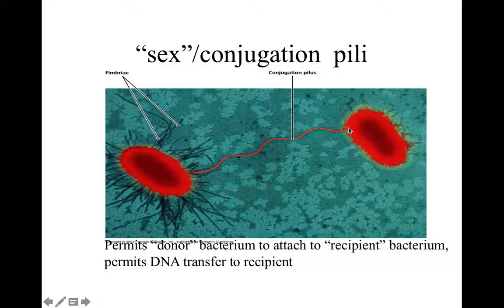Once the donor is in physical contact with the recipient, the donor disassembles the pilus, and that makes it shorter, and that draws the recipient into really close physical contact with the donor. And then it's at that point that the donor is going to transfer a copy of DNA, either plasmid DNA or chromosomal DNA, through the base of the conjugation pilus into the recipient, almost like a little hypodermic syringe and needle. The donor injects the recipient with a copy of DNA.